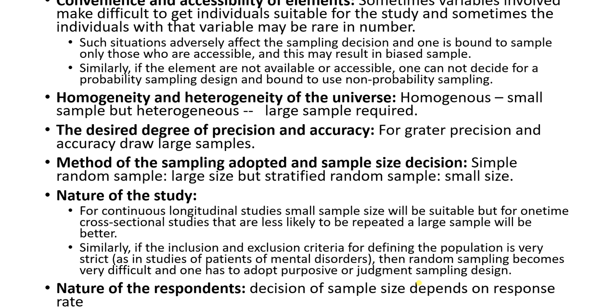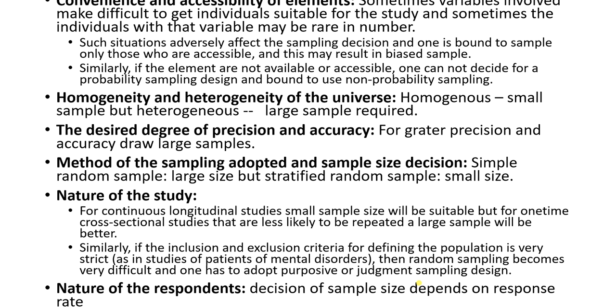And those 12 may not represent the entire case, or they may not be representative. Similarly, if the elements are not available or accessible in some situation, then one cannot decide on a probability sampling design. And then we will be using the more biased non-probability sampling methods. So, which methods we will be using depends on the convenience and accessibility of the elements.